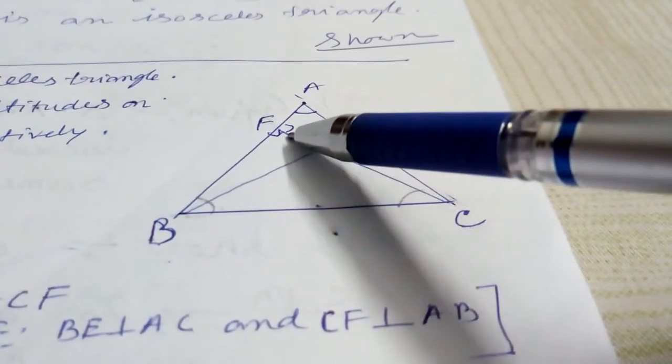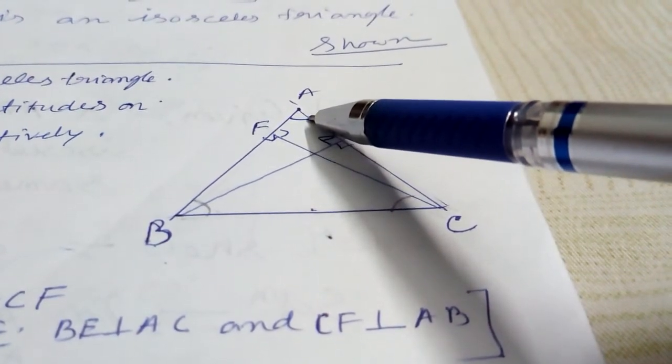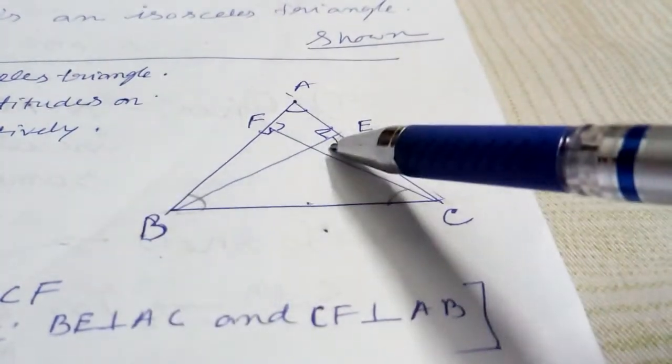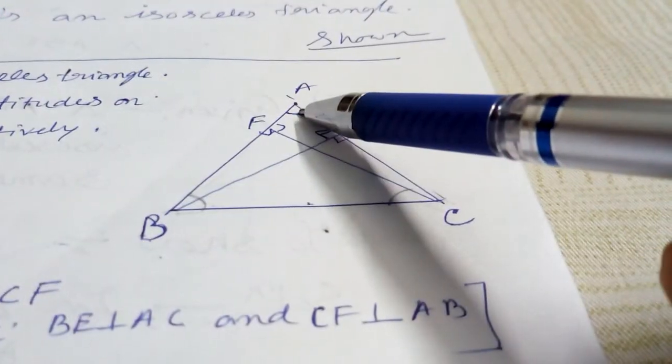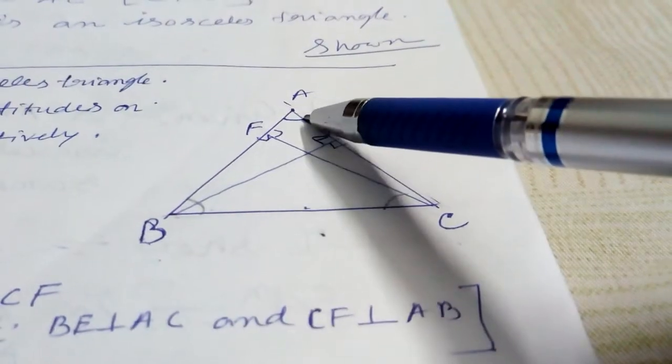Both angles are 90 degrees, and angle A is common to both triangles. In triangle ABE, angle A is common, and in ACF, angle A is common.